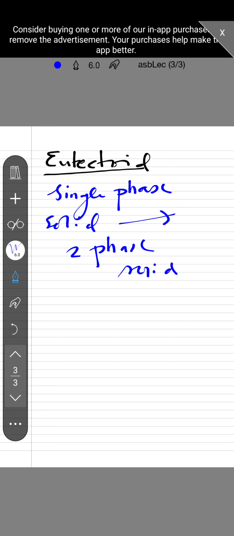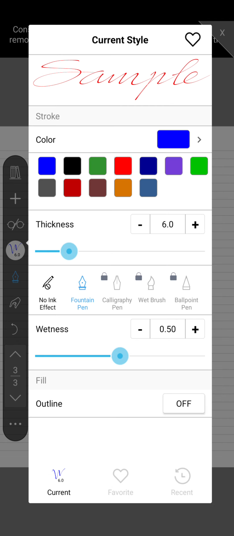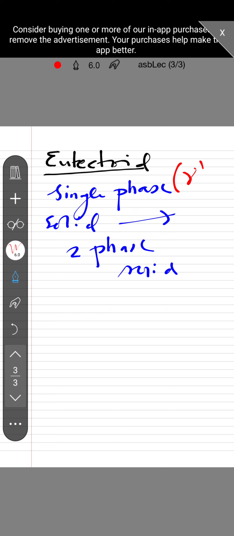Taking the previous case, it was austenite, and it is converted into pearlite, which is alpha plus Fe3C, where these two phases coexist.